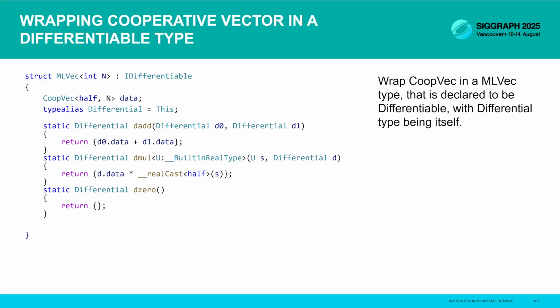Here we define the MLVec type that conforms to the IDifferentiable interface. The type simply wraps a coop vec for data and implements the required dadd, dmul, and dzero methods to make itself differentiable. This is all just boilerplate. Again, the Slang compiler should soon support coop vec as a differentiable type, so this boilerplate won't be needed once we are there.